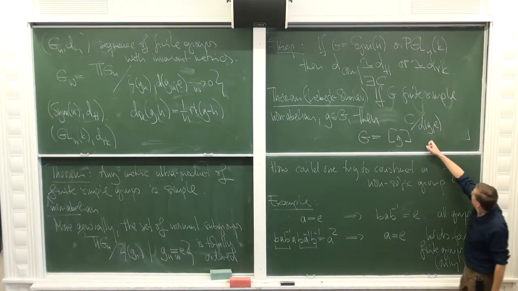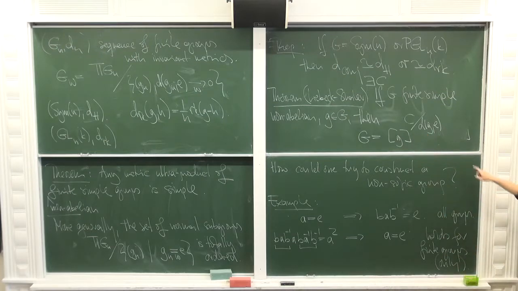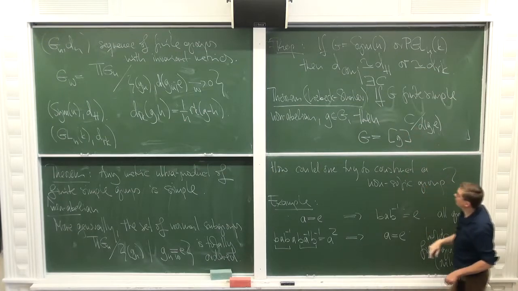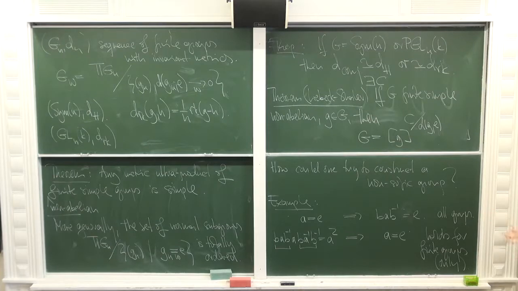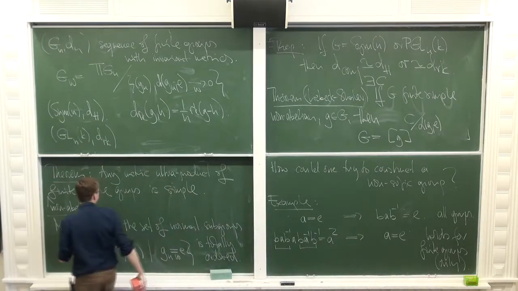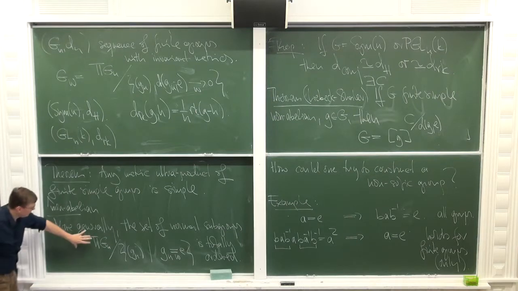Then you can use the result of Liebeck and Shalev to see that every other element can be written as a constant product of conjugates of this fixed element. Doing this on the entire sequence simultaneously gives you that you can write an arbitrary element as a product of finitely many conjugates.